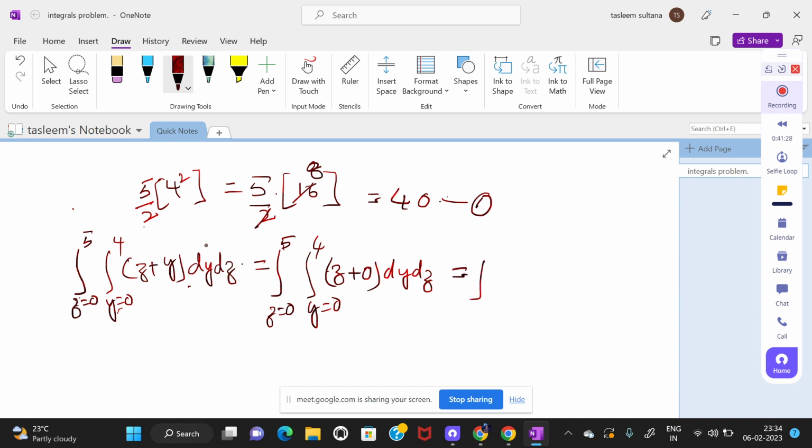The same limits, 0 to 5 and 0 to 4, we are only substituting y equals 0. Then it will be z of y with limits from 0 to 4 into dy. Oh, sorry, dz. It will be dz.